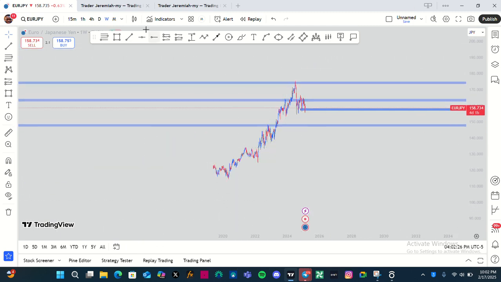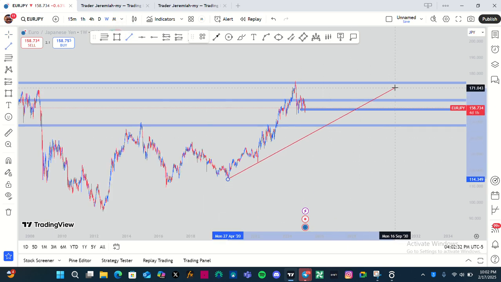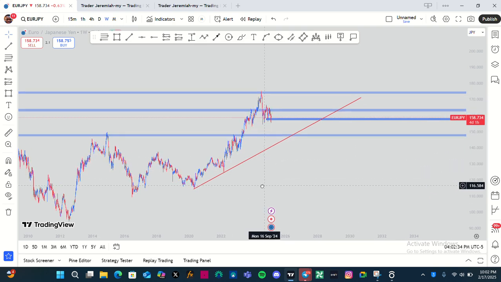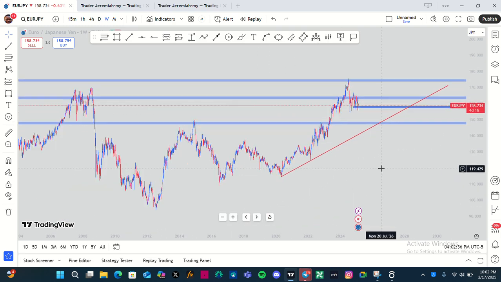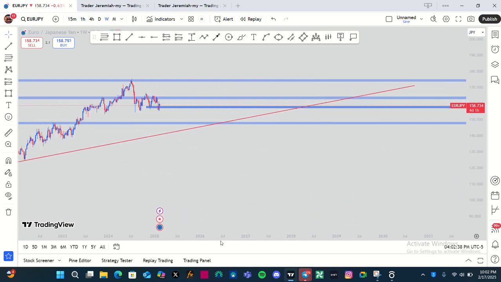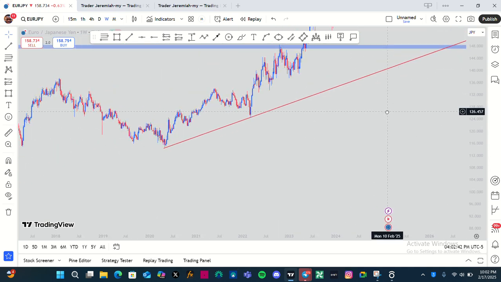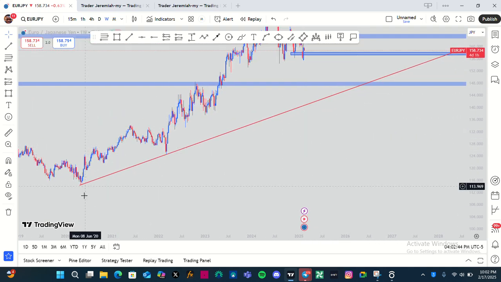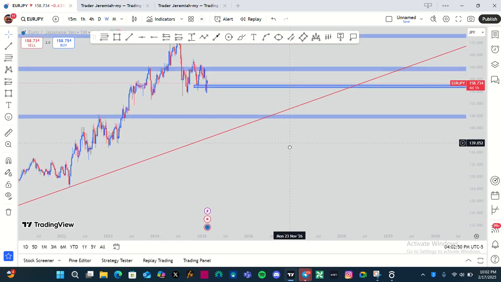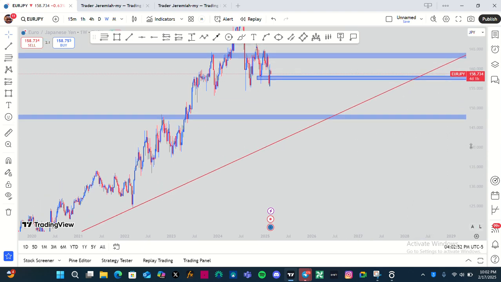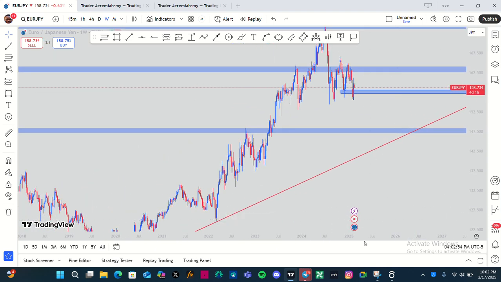So let me draw the Fibonacci, the outer trend line, I mean. Price can come to the trend line level for the third touch, and like I said, for a trend line to be valid, it needs to have a minimum of two touches, and this is the first touch, the second touch, and the third touch is going to be the one that you will be using for a trade entry.